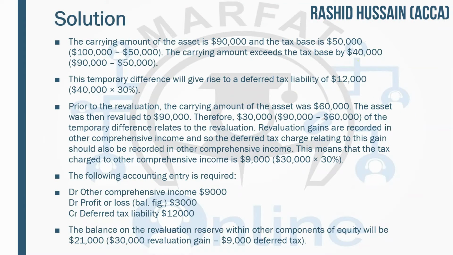So you see over here, the carrying amount of the asset is 90,000 and the tax base is 50,000. The carrying amount exceeds the tax base by 40,000, 90,000 minus 50,000. This temporary difference will give rise to the deferred tax liability of 12,000.